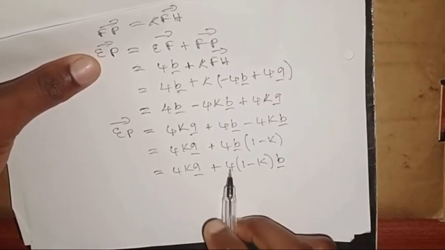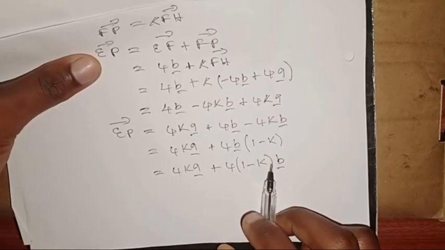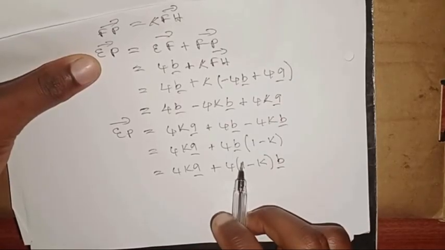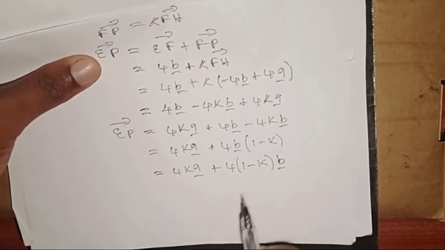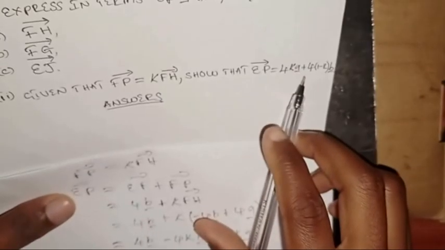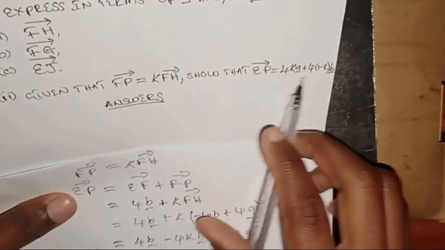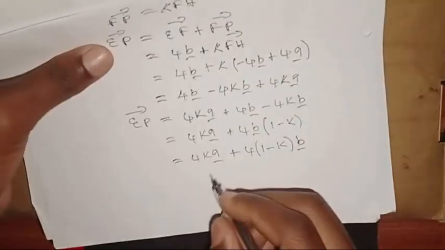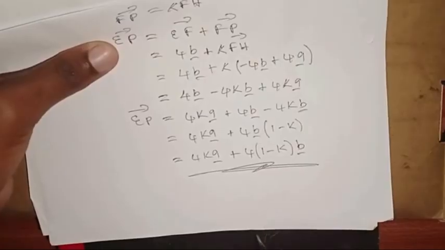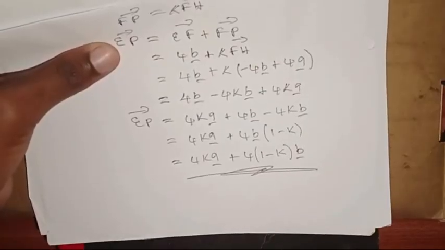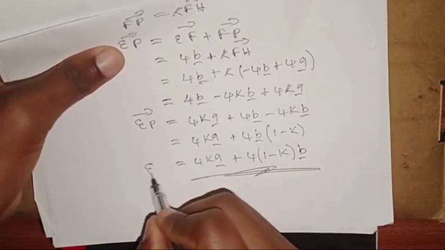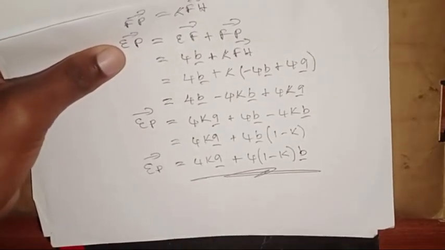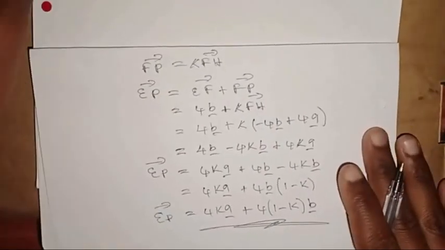It's the same thing because this 4 is multiplying the whole thing in the brackets, and this b is also multiplying that inside. And as you can see, this matches exactly what we have been given in the question. So therefore, we have completely answered our question and shown that EP equals that. That's it. We have answered the examination question just like that.